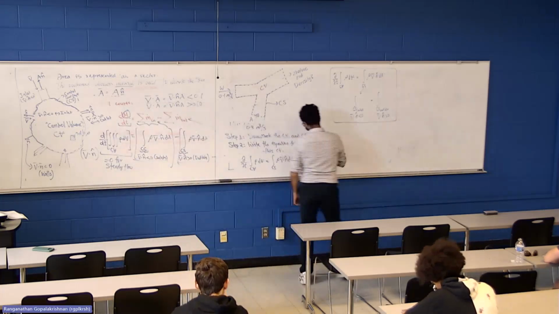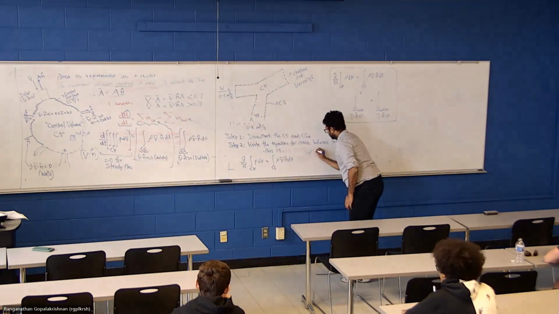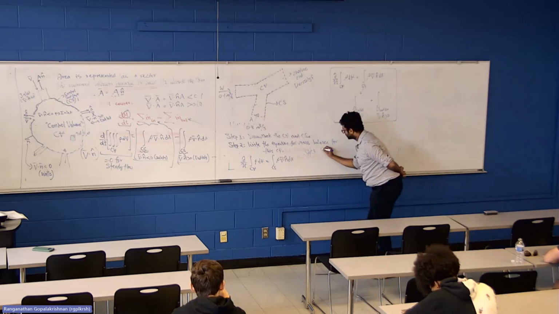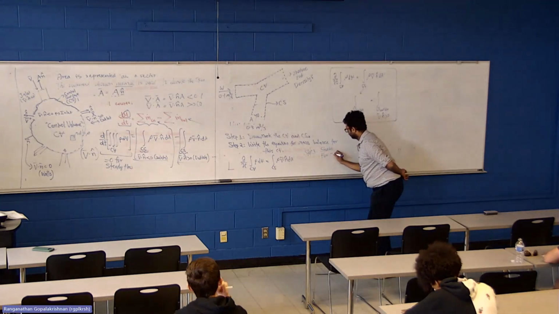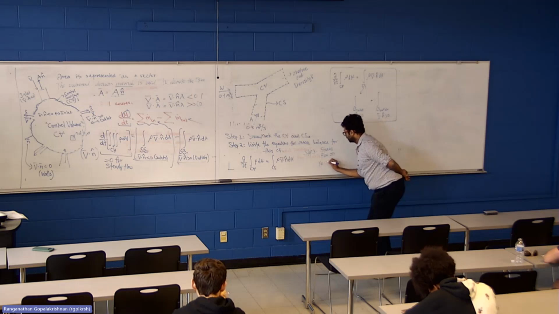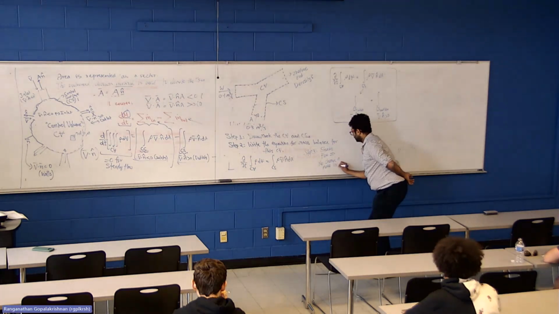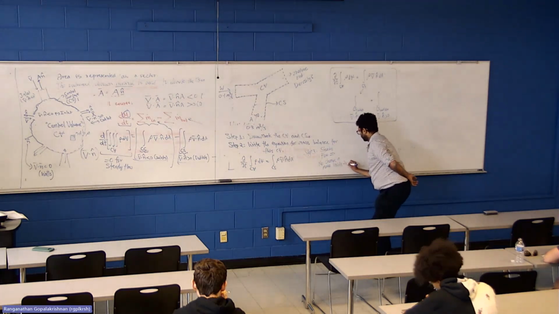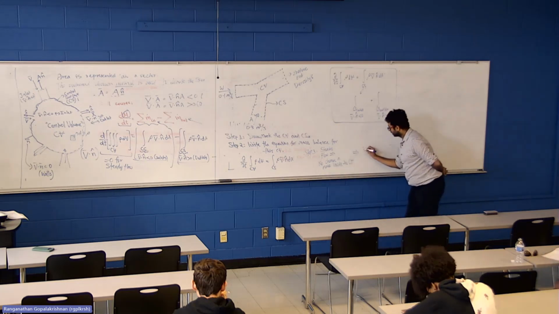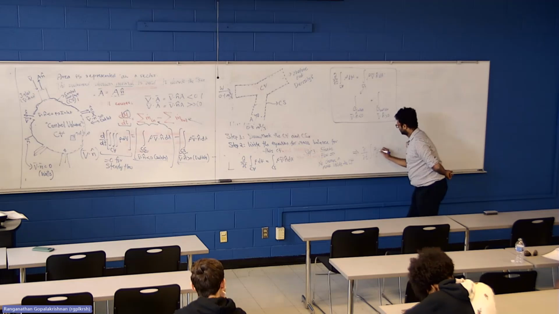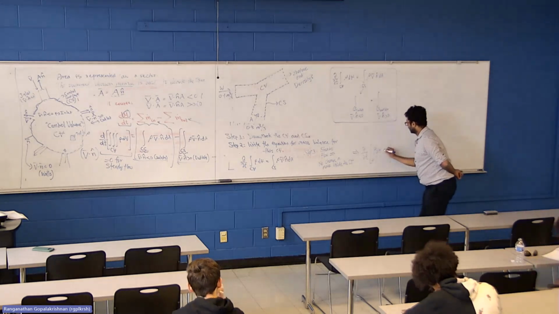Step 3, we have steady flow, which implies no change in mass inside the control volume. And what's the consequence of that? It means the derivative with respect to time of the integral of rho dV over the control volume is 0.